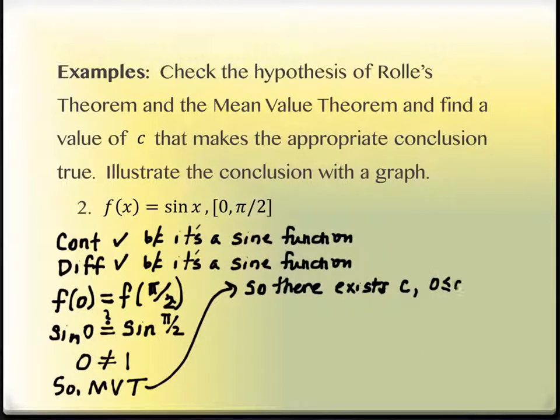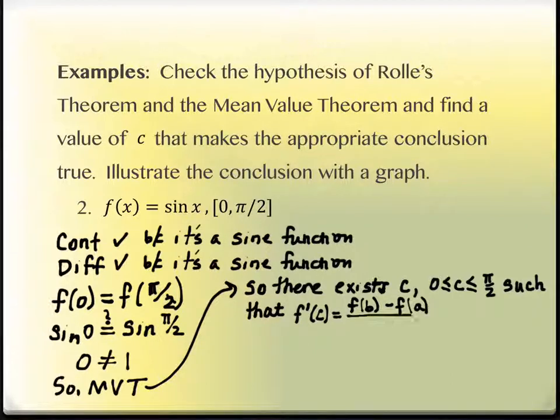So 0 is less than or equal to C is less than or equal to pi over 2, such that, and this is where some of you were already wanting to tell me before, f prime of C is equal to, and then here's your f of B minus f of A over B minus A.